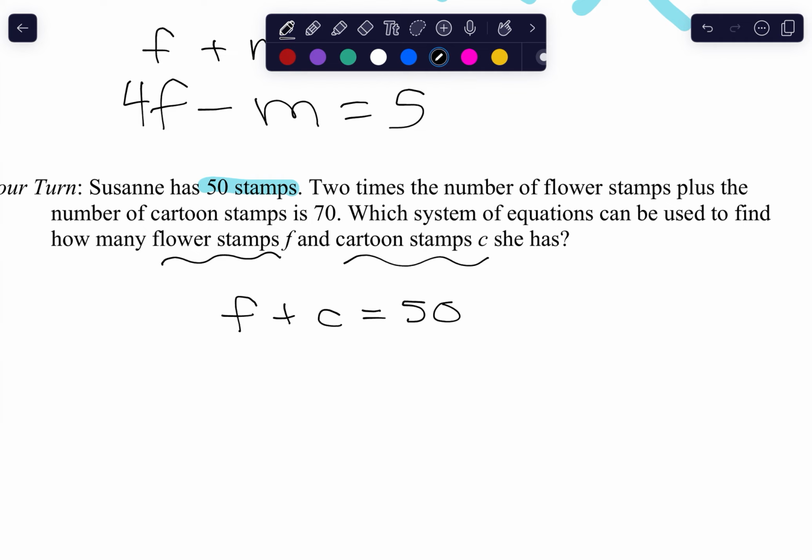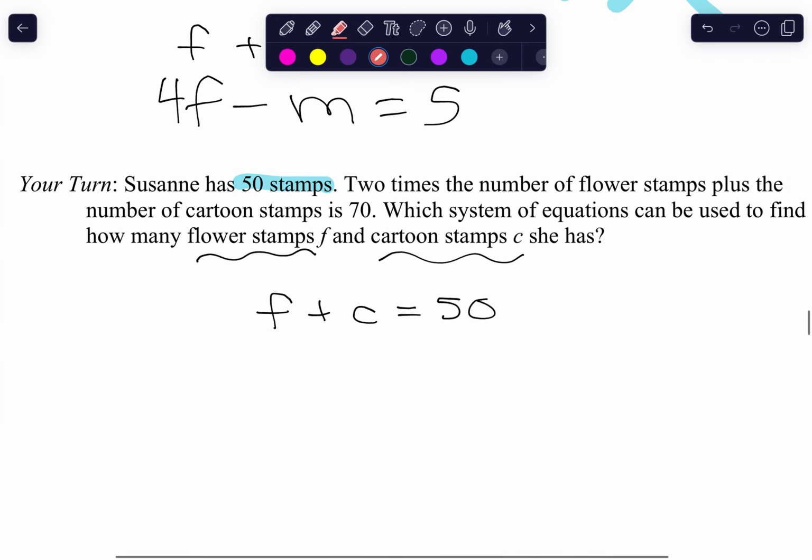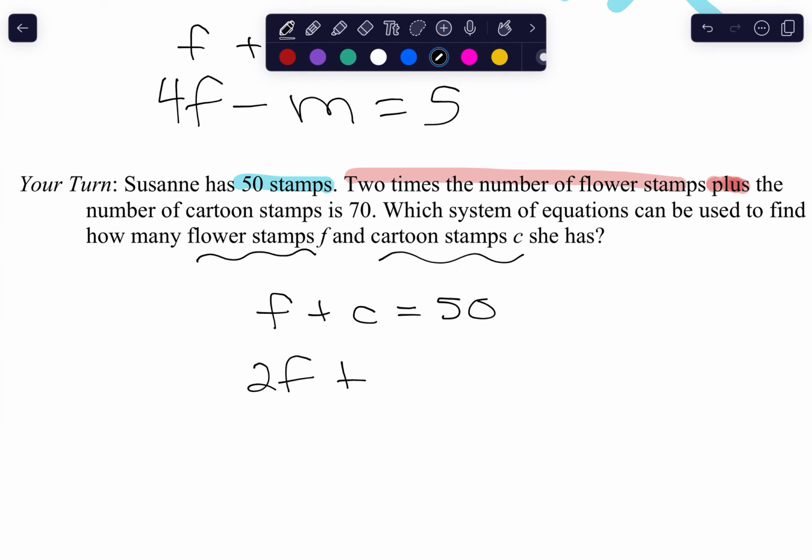We don't know how many of each. We just know that if I combine them together, there's 50 total. The next part says 2 times the number of flower stamps. So that's 2F. Now it says plus, so we have to put a plus down. The number of cartoon stamps is 70. So cartoon is 70.